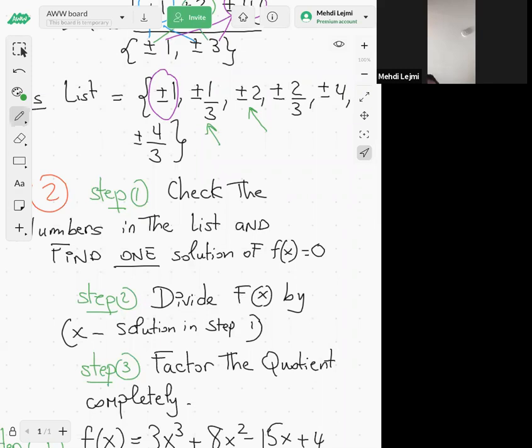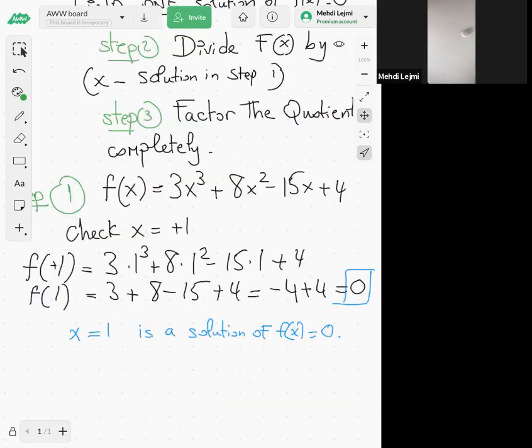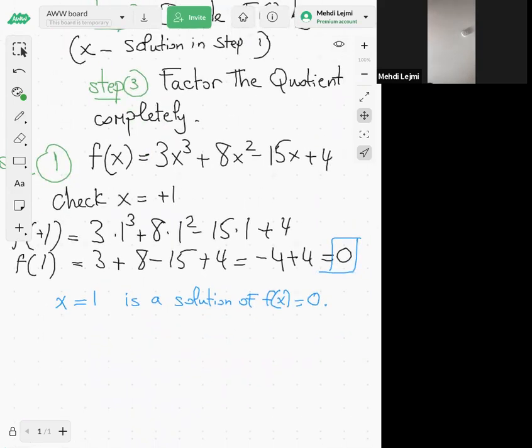And if plus or minus 2 doesn't work, I would check plus or minus 4. Once you are done checking the whole numbers, then you can check the fractions, because the whole numbers are easier to check than the fractions. Anyway, here in my case, I got positive 1 as a solution. So that's good. I can stop here and move to the next step.